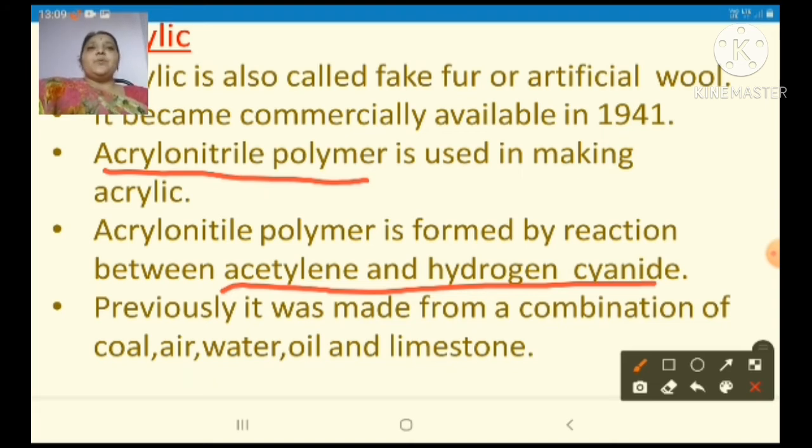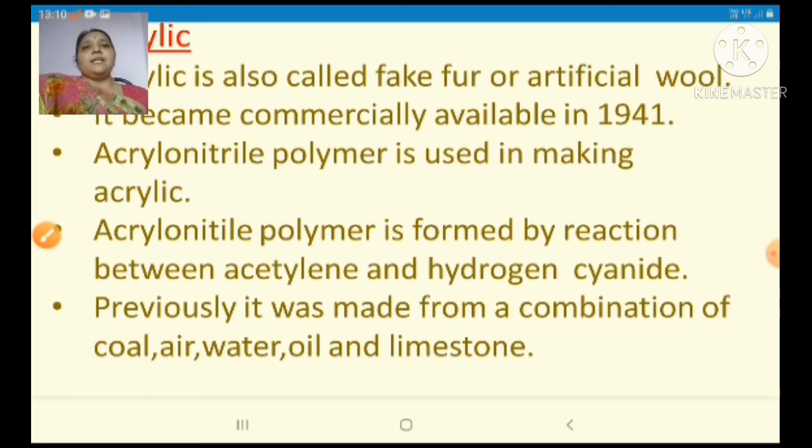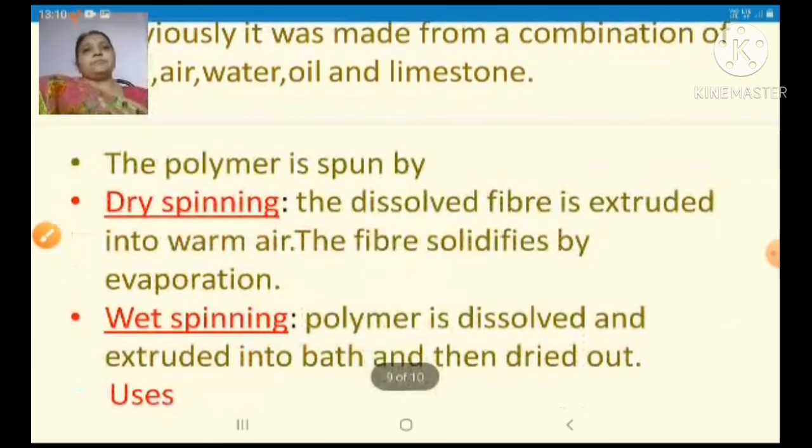The reaction between acetylene and hydrogen cyanide gives the acrylonitrile, which is the polymer from which the acrylic fiber is made. Previously it was made from coal, air, water, oil and limestone, and nowadays chemicals are used in making the acrylic.